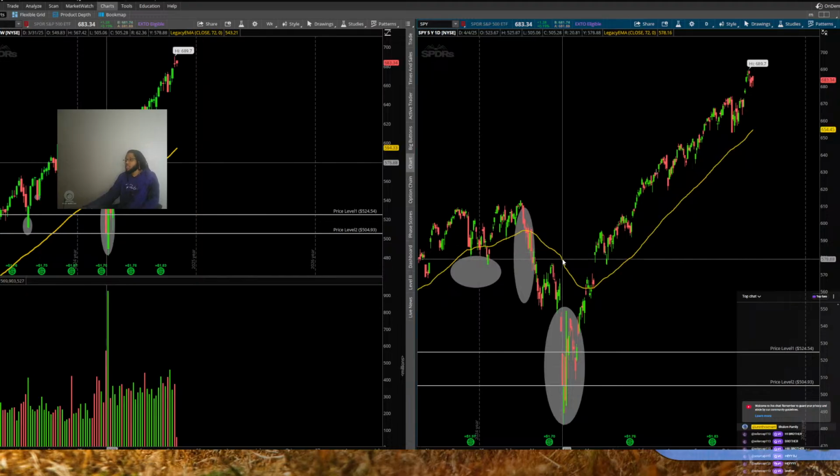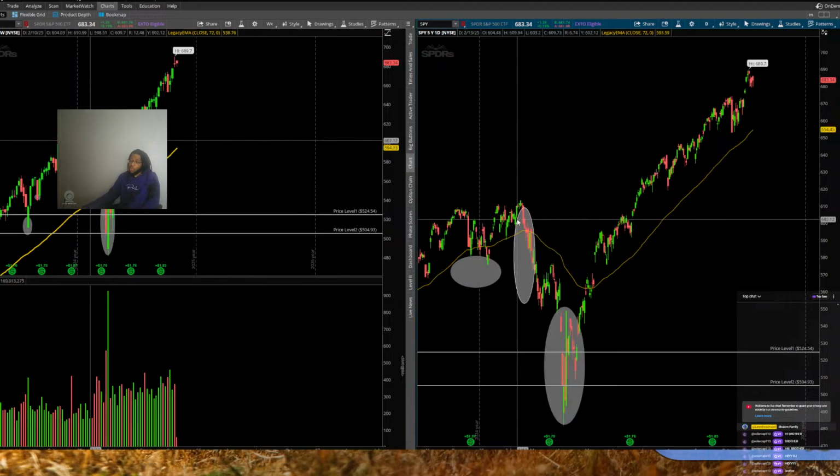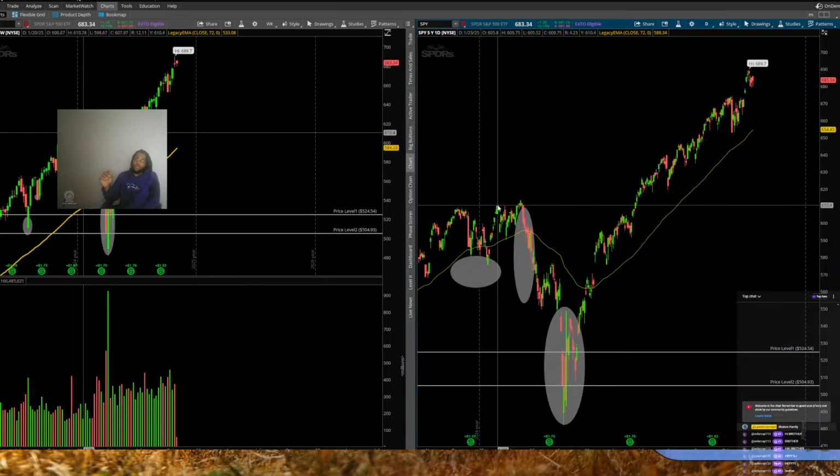When do I get in? What's my signal? Well, the Fibonacci, which we will cover in a different video, is definitely great for finding retracements. But when we're talking about just something that you can do the eye test and see, okay, is this showing that we are getting support?